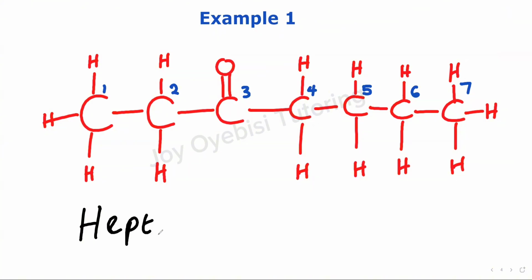And remember that we name this as if we're naming an alkane, so you're going to say heptane. Then remove the E, place the position of the functional group, which in this case is 3, and then put ONE. So the name of this compound will be heptane-3-one, and that is it.